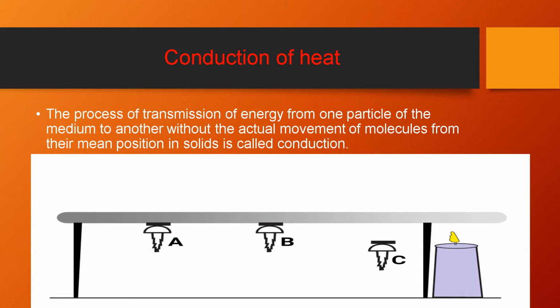Because the end of the ruler near the burning candle is heated, and the heat gets transferred gradually from that hot region to the colder region, and in the same order you will see the thumbtacks or pins dropping. This is a very nice experiment. You can do it and you will enjoy it.